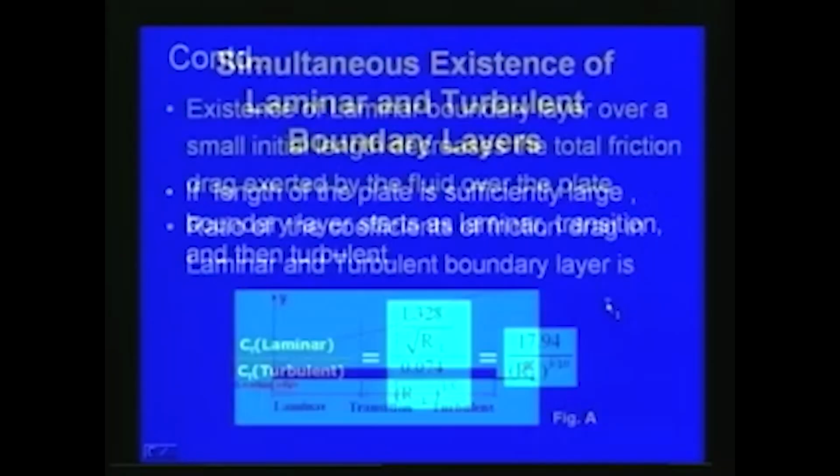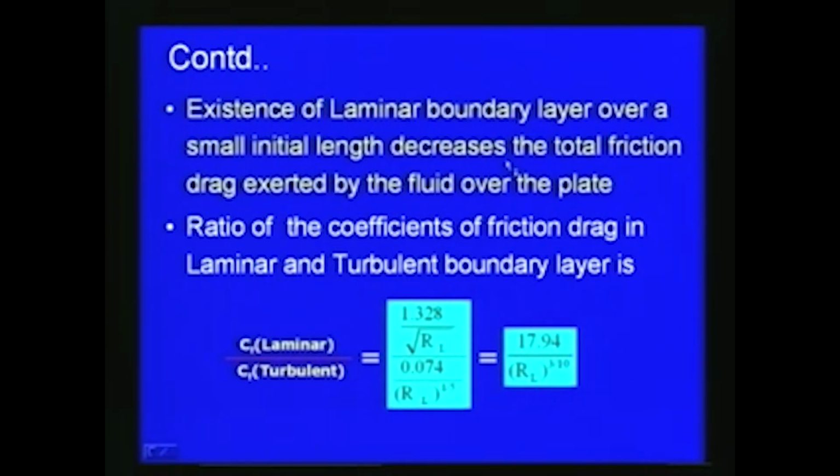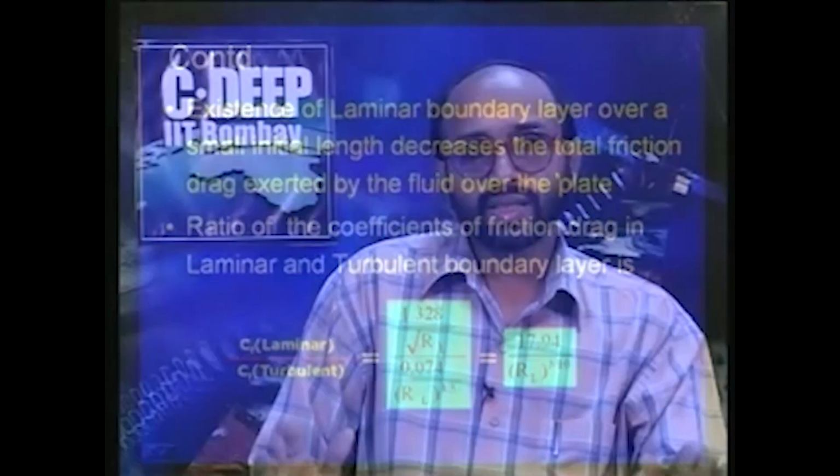Now, for this kind of problem, the existence of the laminar boundary layer over a small initial length decreases the total friction drag exerted by the fluid over the plate. As we can see, the length of the plate is such that a laminar boundary layer exists initially. So, this existence of the laminar boundary layer over a small initial length actually decreases the total friction drag exerted by the fluid over the plate.